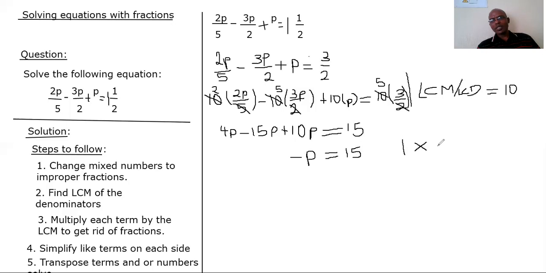Multiply each term by negative 1, so that my p, my variable, is positive. This is for the sake of explanation. Negative p times negative 1 is equal to 15 times negative 1. So it becomes positive p is equal to negative 15.